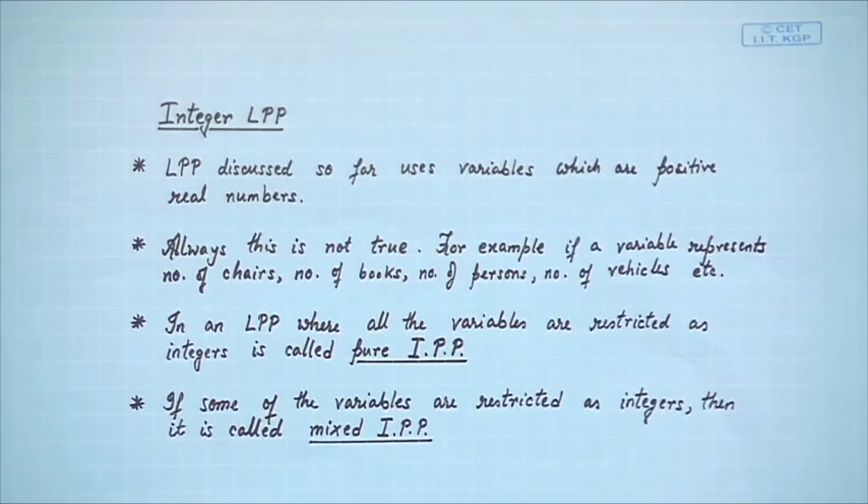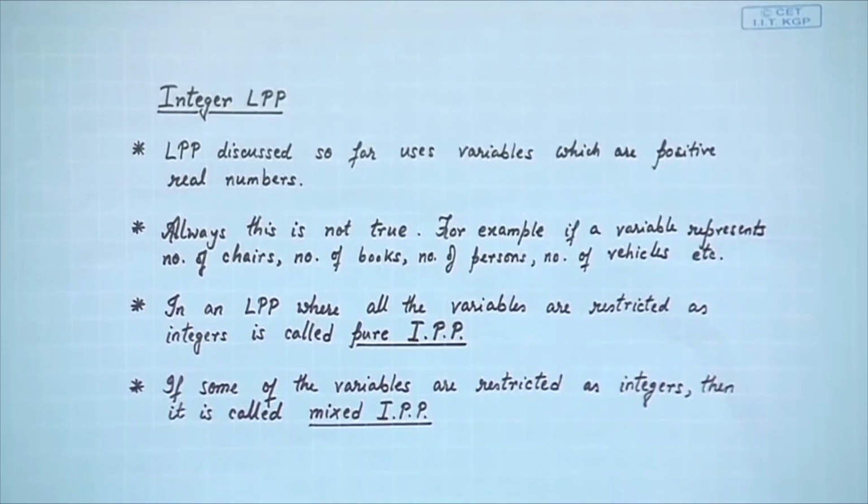The linear programming problems discussed so far use variables which are positive real numbers. But this may not always be true, as I was mentioning. If a variable represents the number of chairs, number of books, number of persons, number of vehicles to be found, then this will be an integer, not a real number. So, an LPP where all the variables are restricted to integers is known as an integer programming problem, or in short we will denote it as IPP.